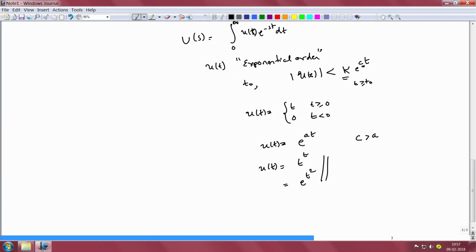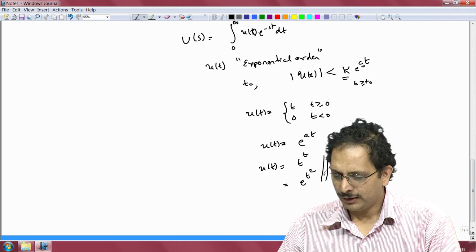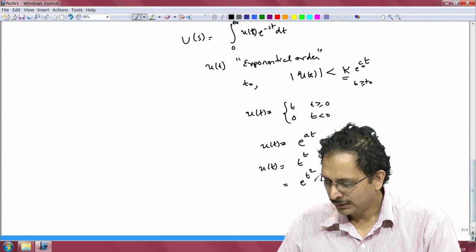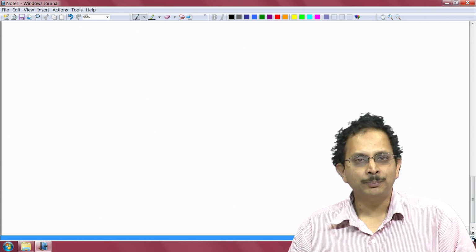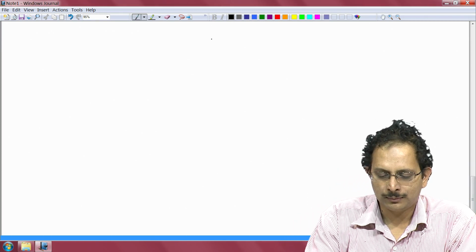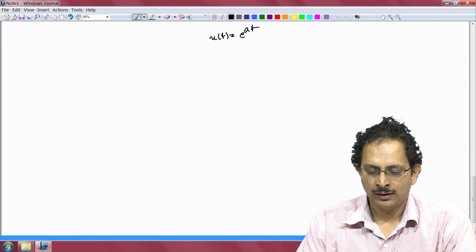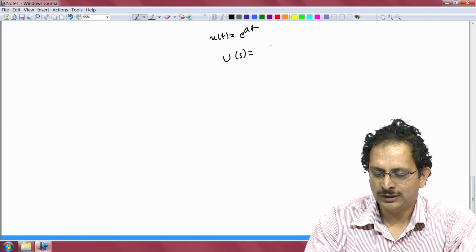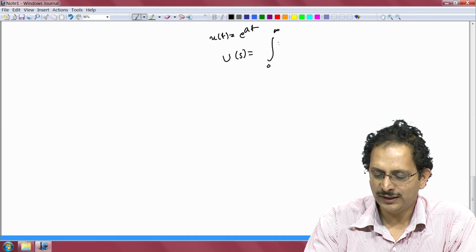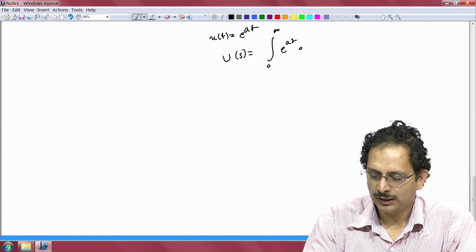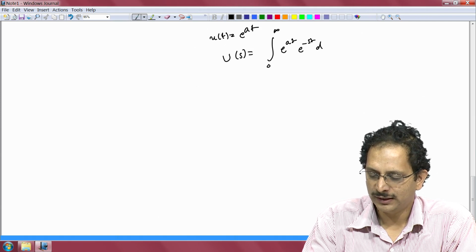The second question is, does the Laplace transform exist for all values of s? In fact, you can show that if you take the simple example of u of t equal to e to the power at, then u of s is equal to integral 0 to infinity e power at e power minus st dt.